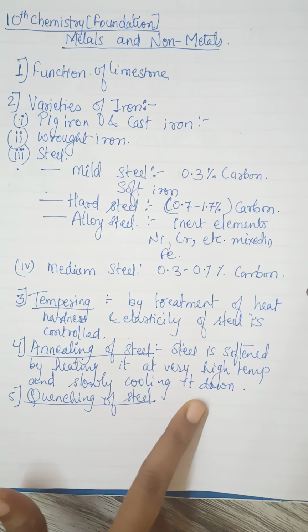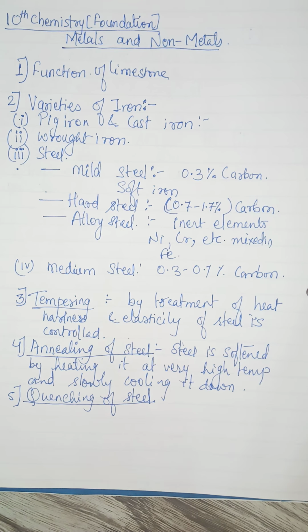Annealing में we are doing slow cooling, and in quenching we are doing very quick cooling, ठीक है. Then steel becomes hard and brittle. Hard तो रहेगा ही, brittle जैसे कि कांच होता है टूटने वाला, ठीक है. So it can be broken down. Steel produced in this way is used as quenched steel, and the process of making such steel is known as quenching, ठीक है. You have to remember. Or hardening of steel. Basically it is hardening.